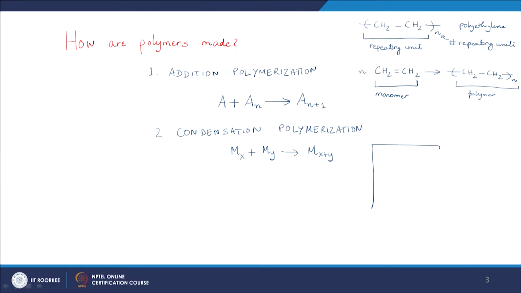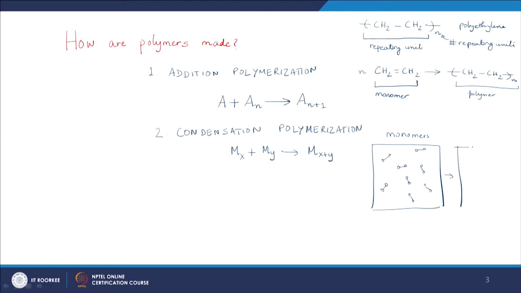In both these cases, and I am looking at the physics aspect of things, in the very beginning you have monomers in the system, whatever the beaker or the reactor that you have. So you have small monomers, and they look something like this.